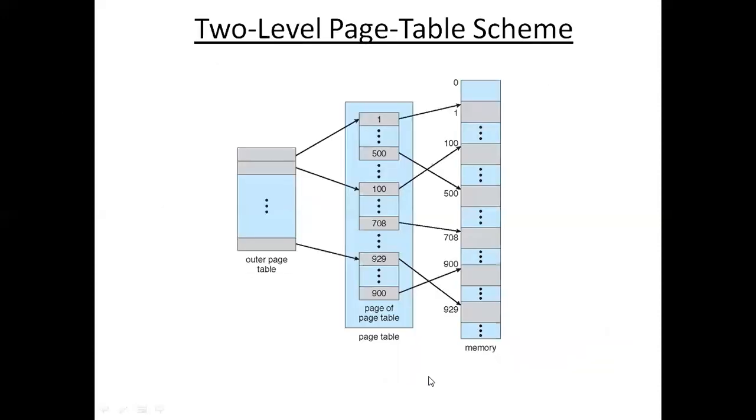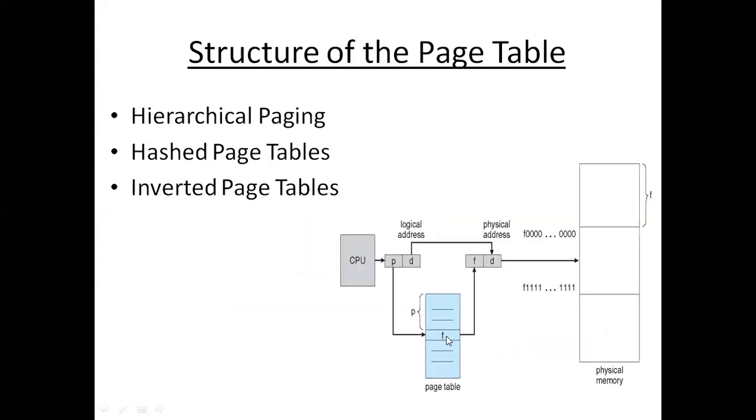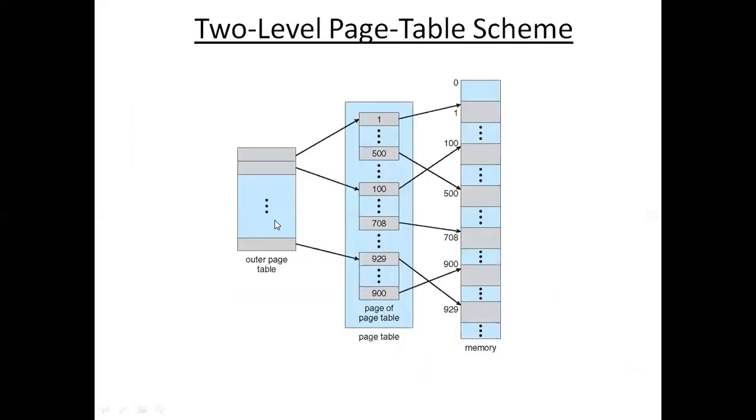Okay, so if you look at the diagram, it would look something like this. Two-level paging, a two-level page table scheme, where you have the outer page table and the inner page table, and then you have the physical memory. Previously you saw there was a single table directly looking up the physical memory. But in this case, you have two page tables, the outer page table and the inner page table.